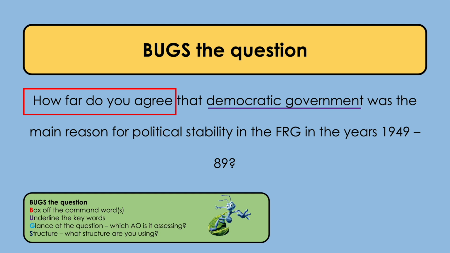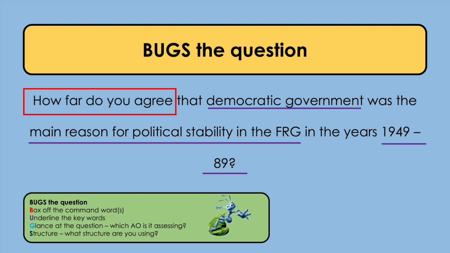So first and foremost, we're going to underline democratic government, because that is our reason. The question is asking us, do we think that democratic government was the main reason for political stability in the FRG? So what we've got there is our reason and the event that led to it.